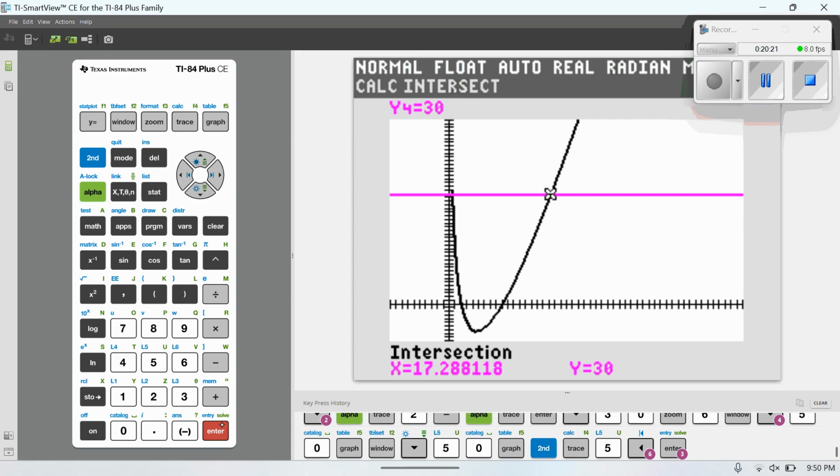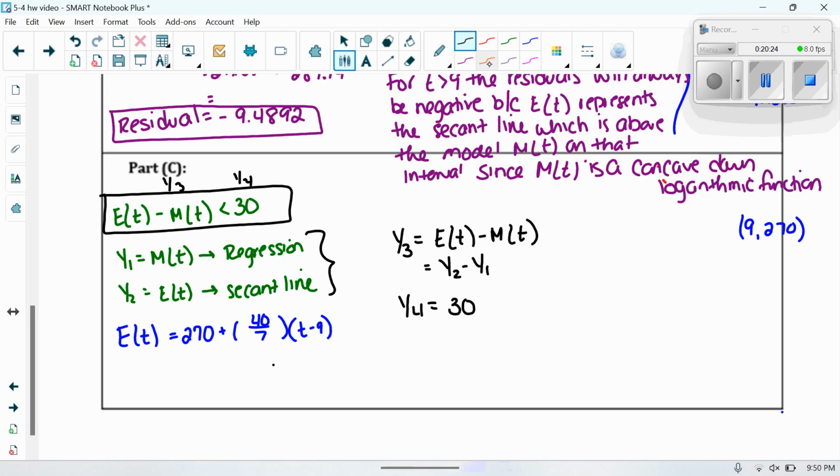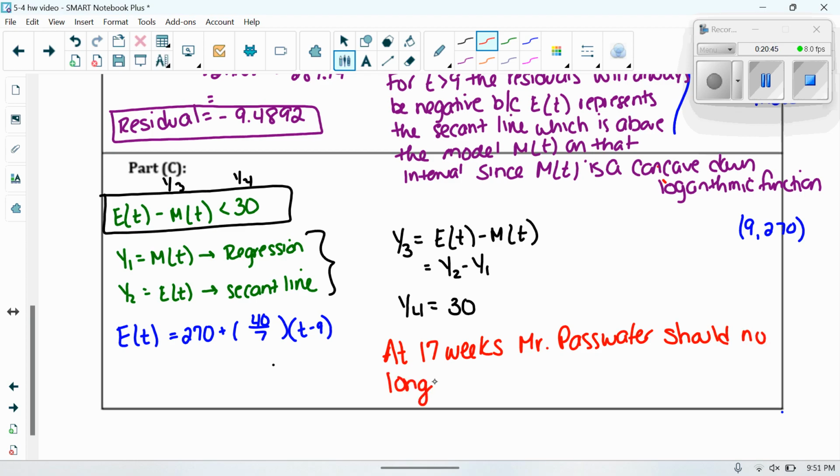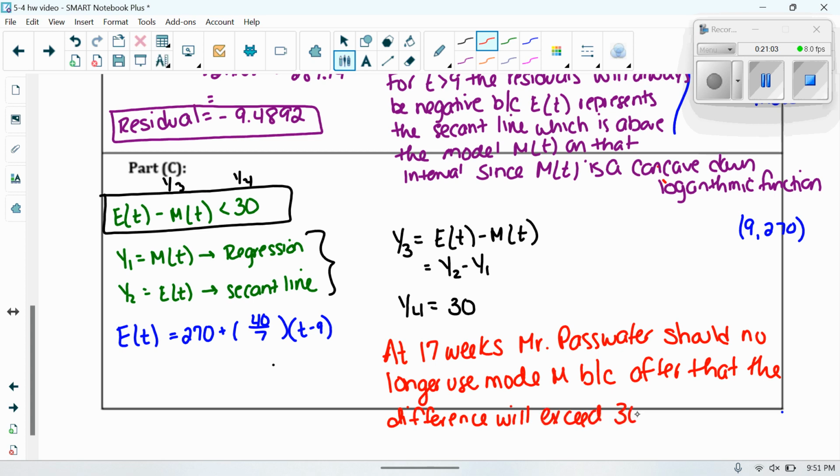So at 17 weeks, Mr. Passwater should no longer use Model M, because after that, the difference will exceed 30 pounds.